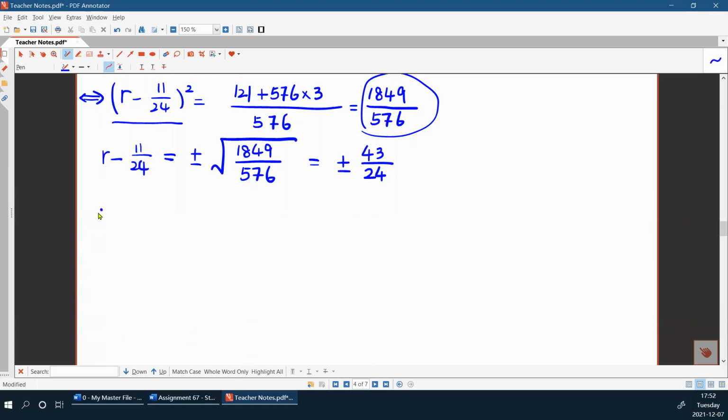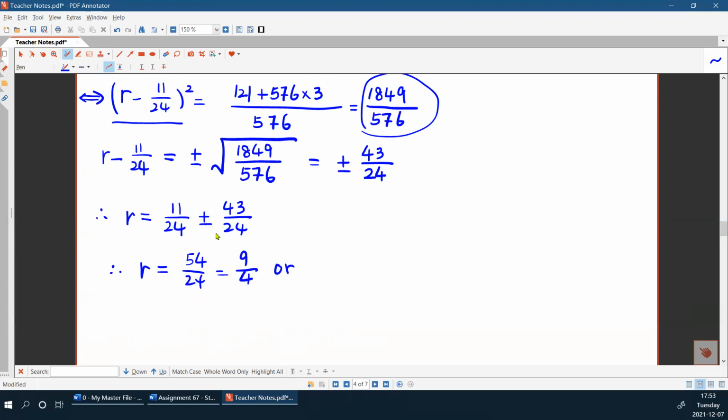Okay, now we can solve for r. r is 11 over 24, positive or negative 43 over 24. And therefore, if we choose the positive sign here, r is 54 over 24, which is 9 over 4, right?